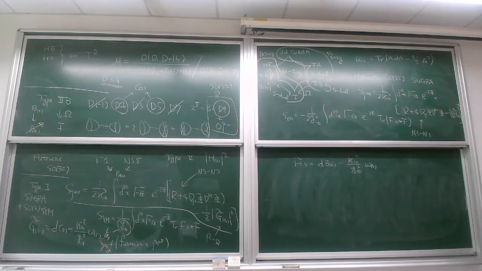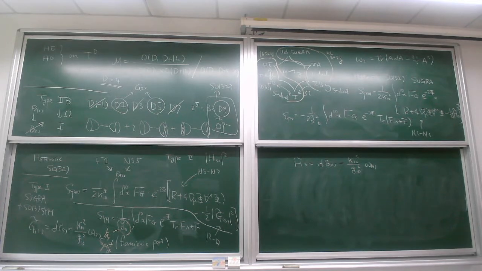Yes. In the type I supergravity, the dilaton factor in your notes is inside the bracket, that's e to the minus 2 phi. Then let's see, let me think. I'm not sure which one is correct.